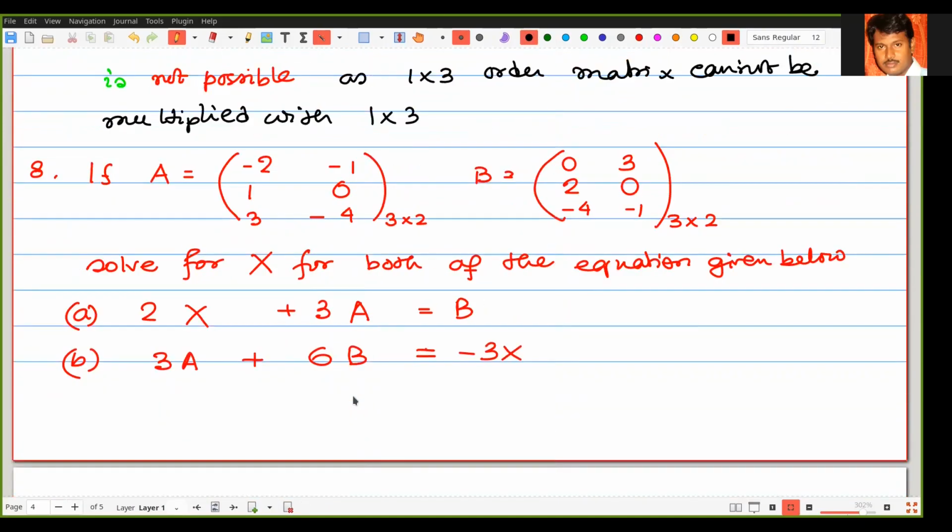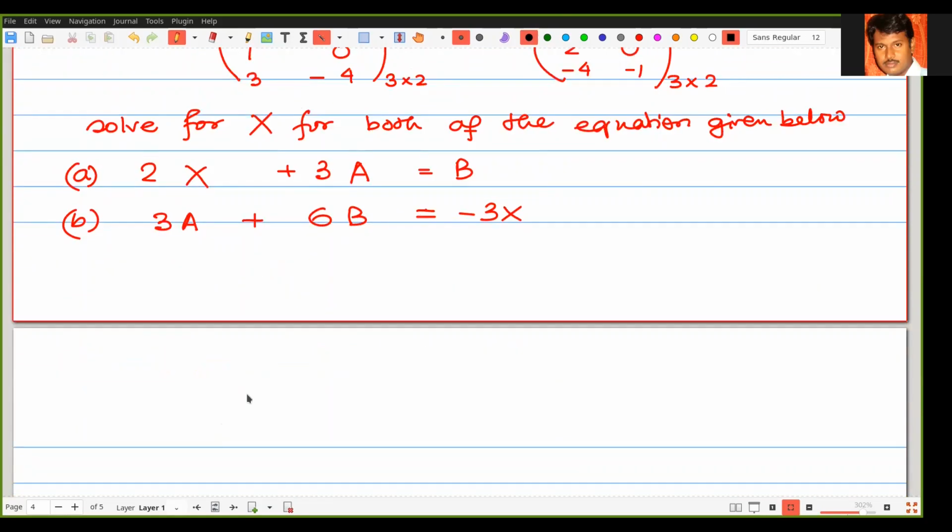So here at first we have 2X plus 3A is equal to B, equation 1.